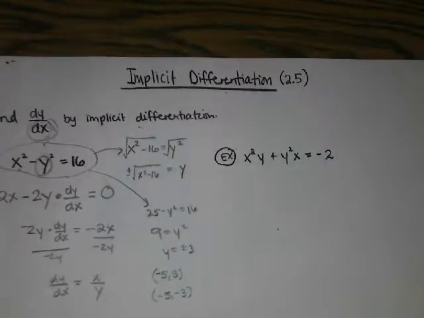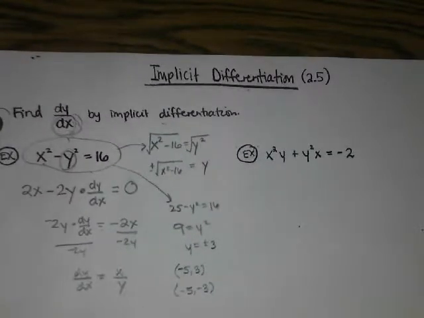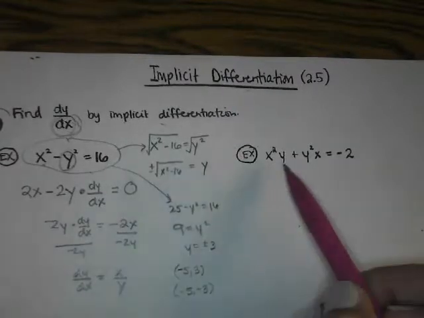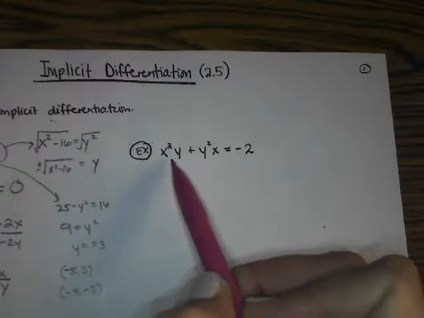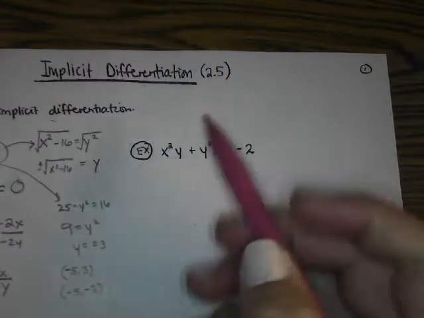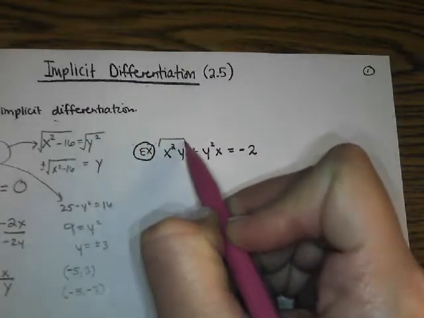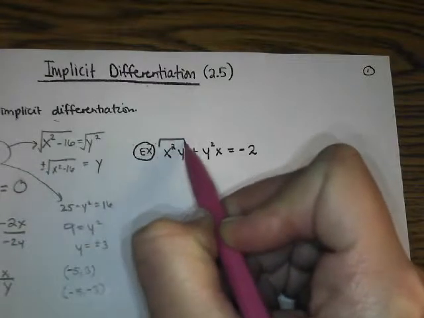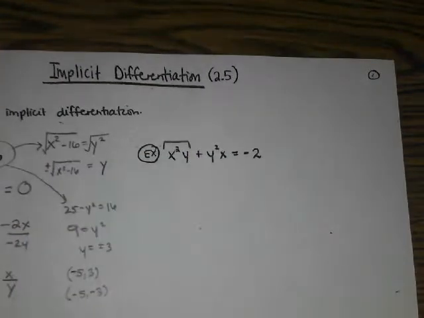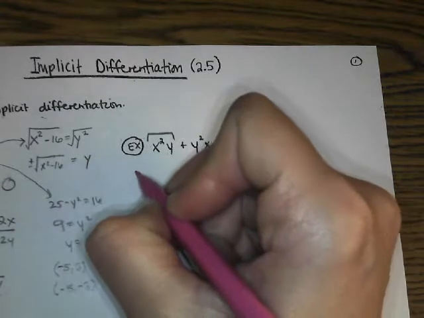Any questions? Okay. So they're going to slowly get more complicated here with this next one. Dealing with just this first term requires what rule? Product. So we have the first, x squared, times the derivative of the second.